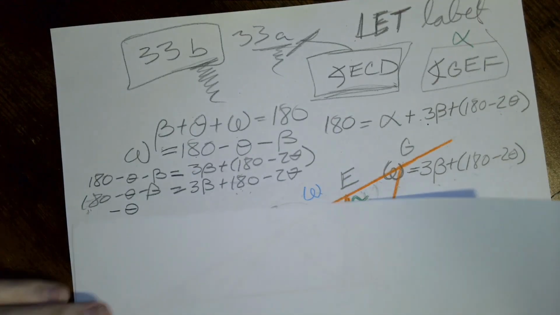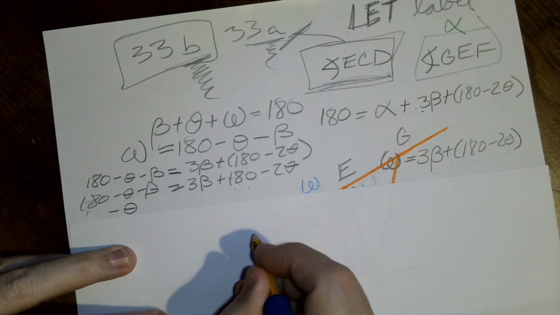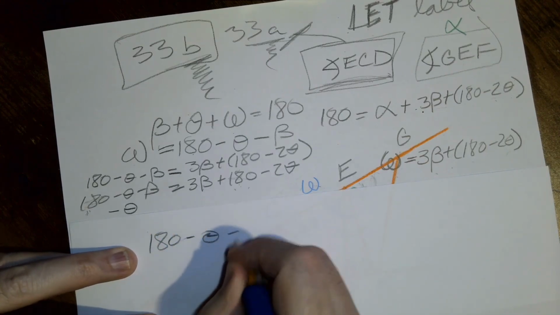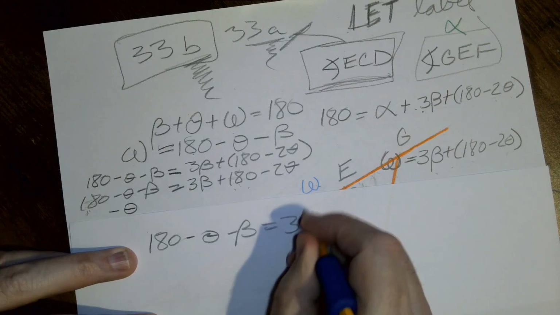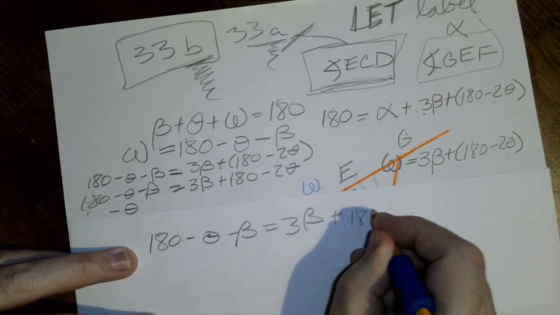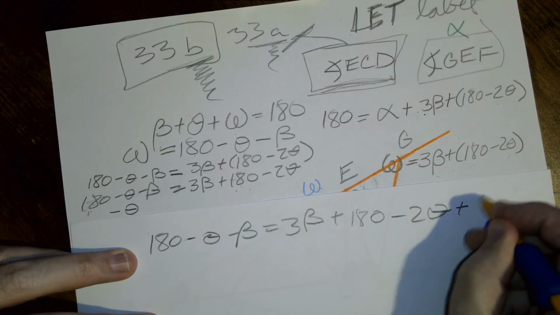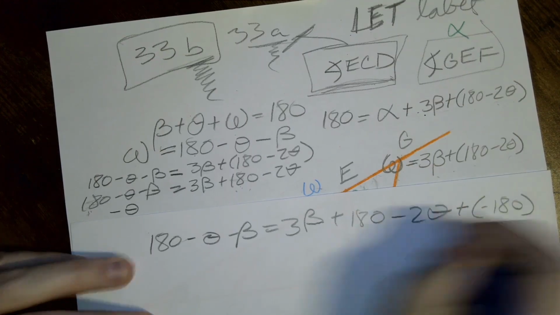Here, let's do this. So we have 180 minus theta minus beta equals 3 beta plus 180 minus 2 theta. So add the opposite of 180 on each side.